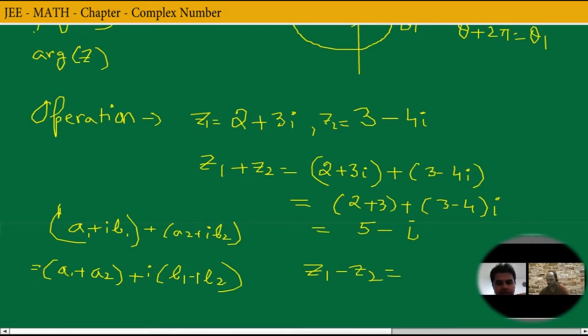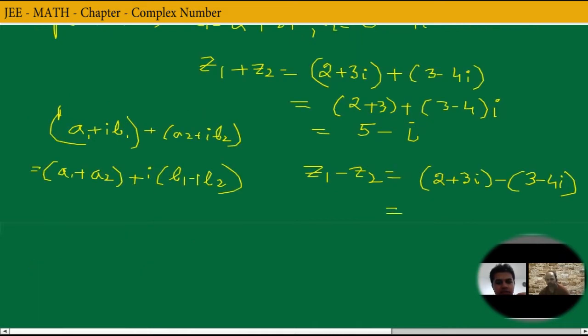Okay, so what would be the answer if we are supposed to subtract? Sorry, what I meant to say is we are supposed to subtract, not add. Can you tell me?